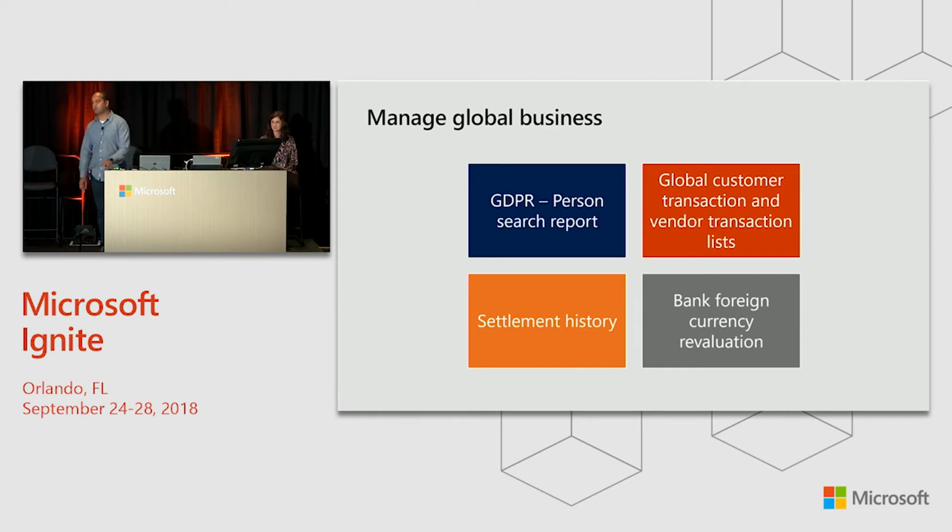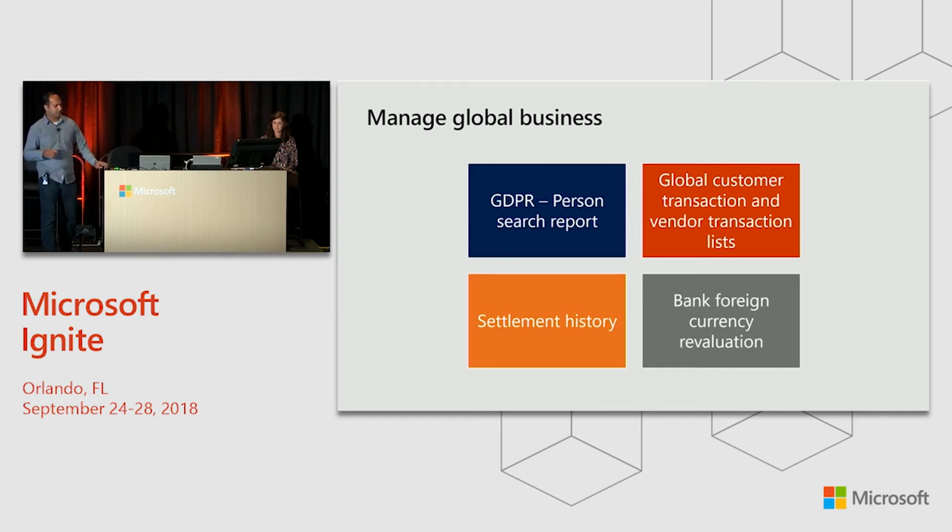It is a regulation that went into effect in May of 2018. And it gives individuals who are from the European Union or reside in the European Economic Area certain rights to their personal data stored in your system. And these rights are the right to view, right to correct, right to port, to take the data out, right to delete, and right to restrict processing.